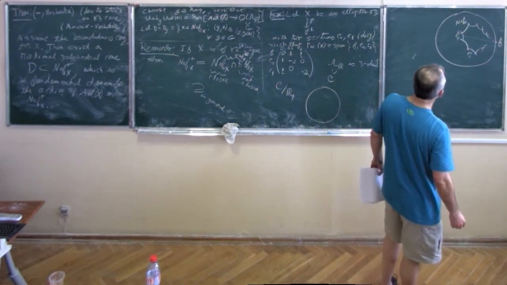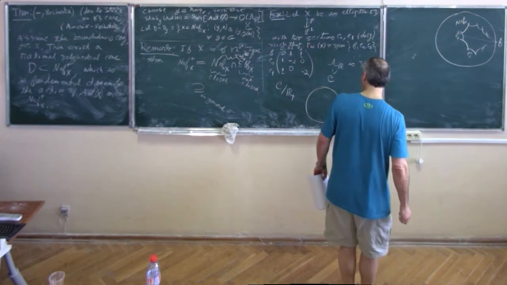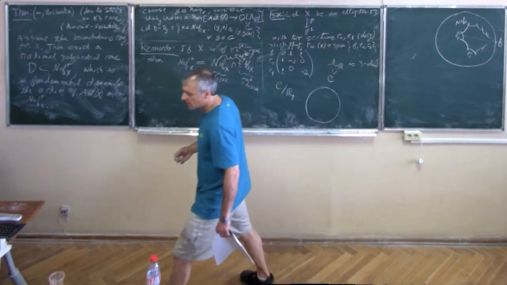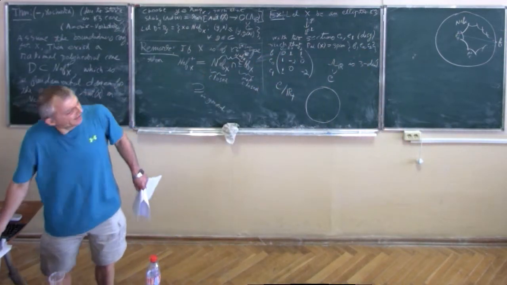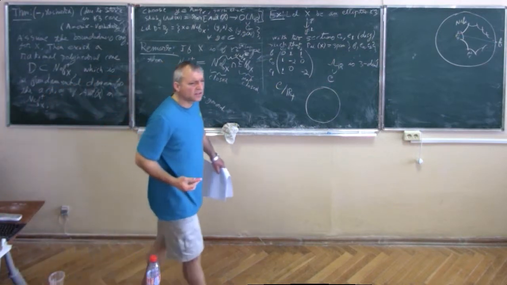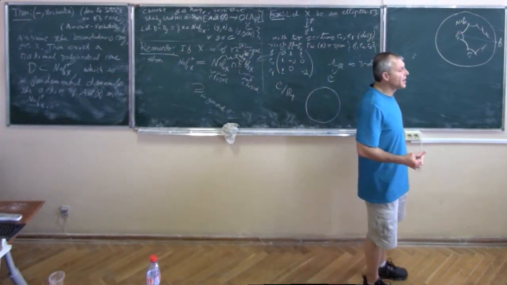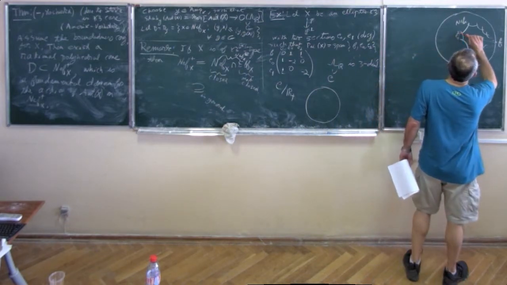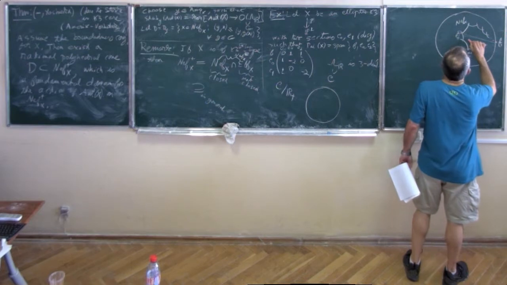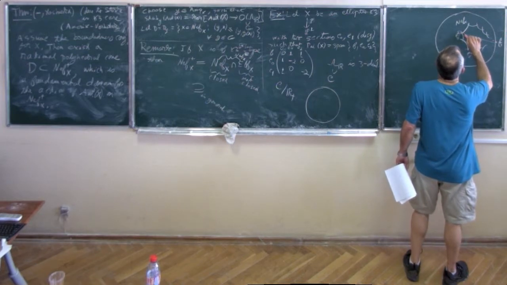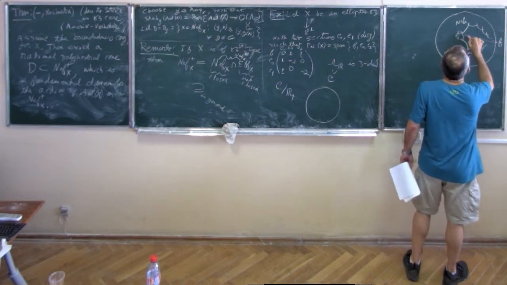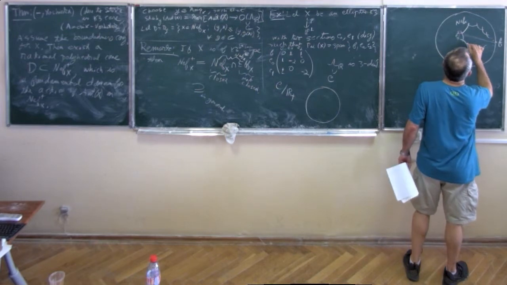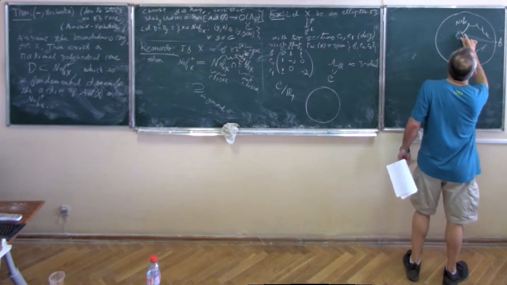Okay, so this is the nef cone, and now we are looking for a fundamental domain. The fundamental domain is not canonical, but it's natural to choose it like this. So this is D. It's kind of too thin, maybe I should take this one.